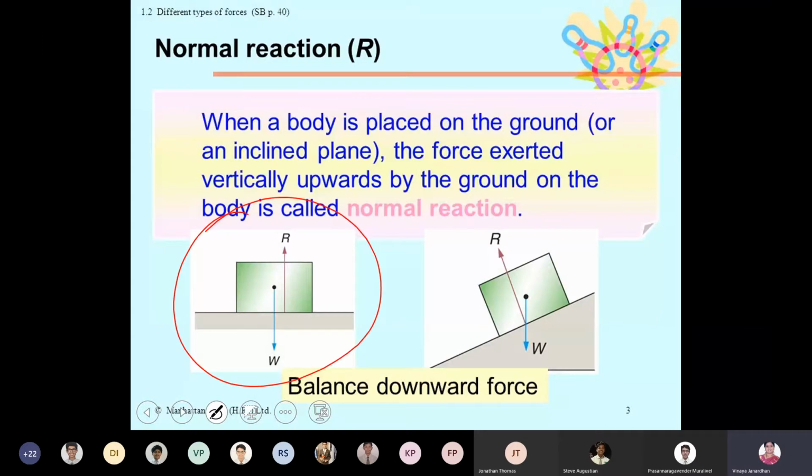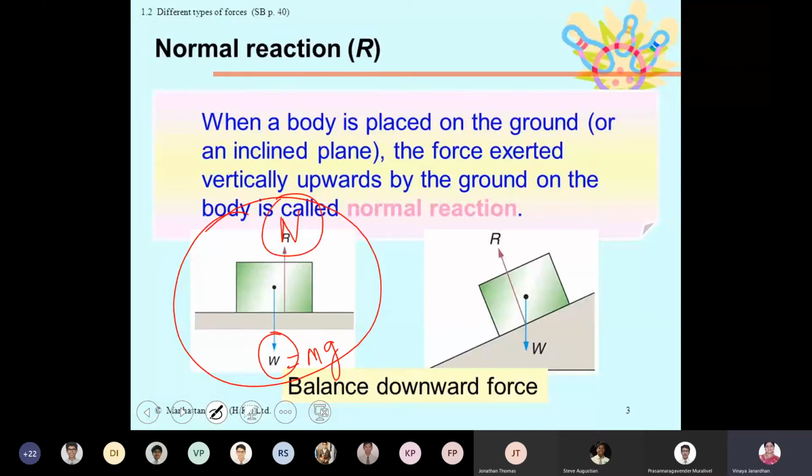So look at the diagram. A block is resting on a table. It exerts a force on the table which is equal to its own weight. Then the table will exert an equal amount of force on the body, acting in the upward direction.